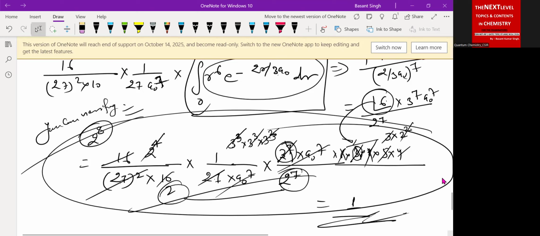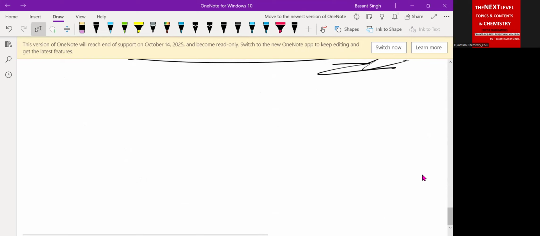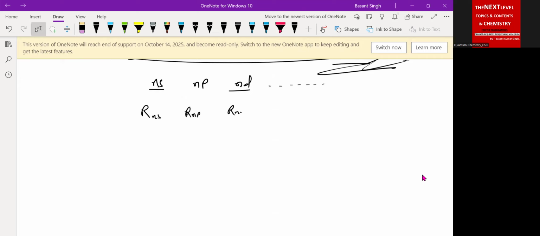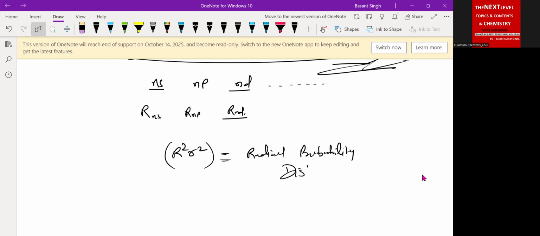This is also 1. So here we have seen that in case of NS state, in case of NP state, in case of ND state, and you can take any other state, if radial function is given, then r square term is sufficient to describe the radial probability distribution function.